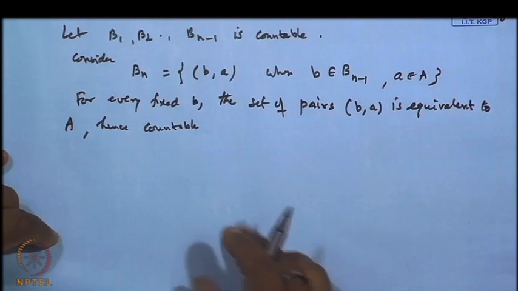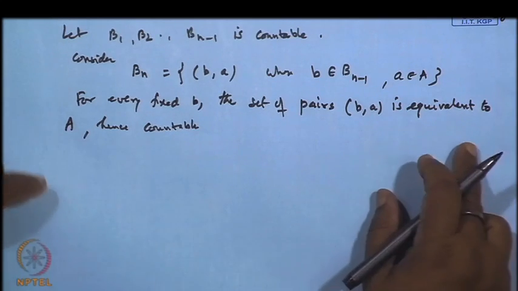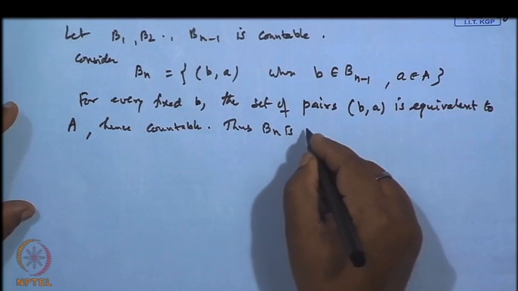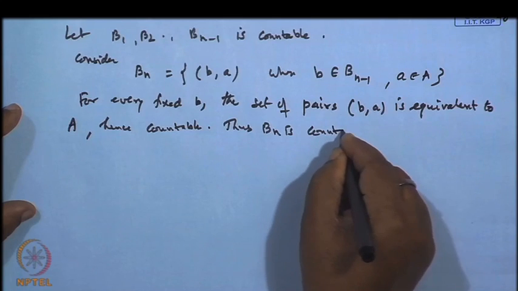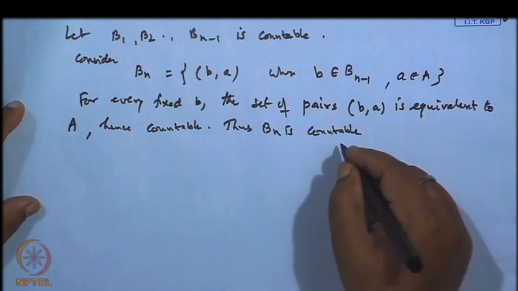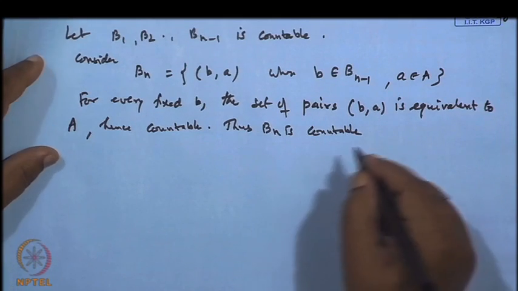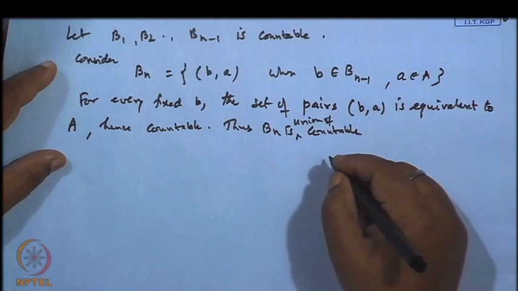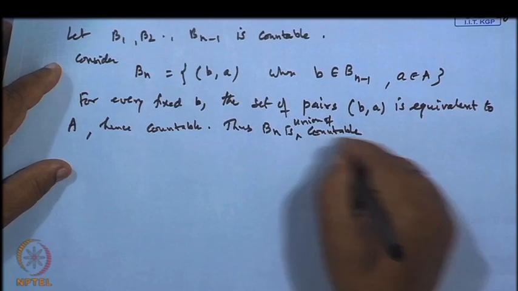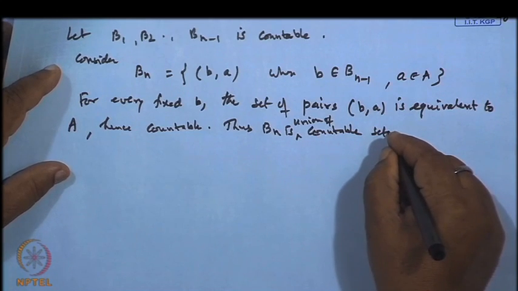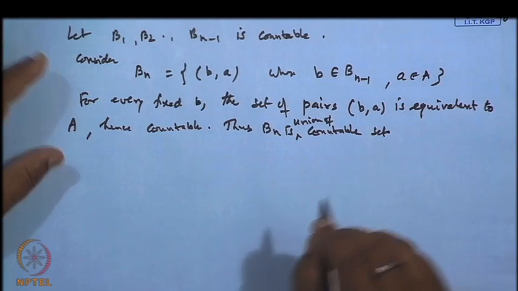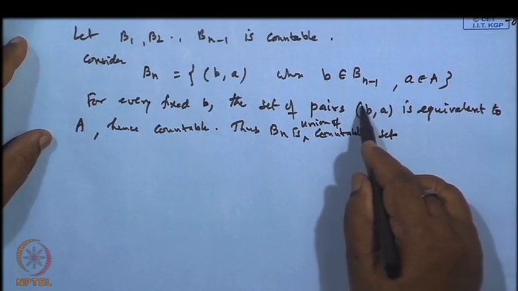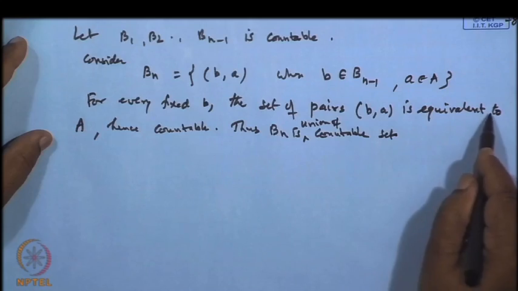So, thus B n is countable. The countable union of B n is a union of a countable set, because A is countable and you are fixing B n minus 1, which is also countable.